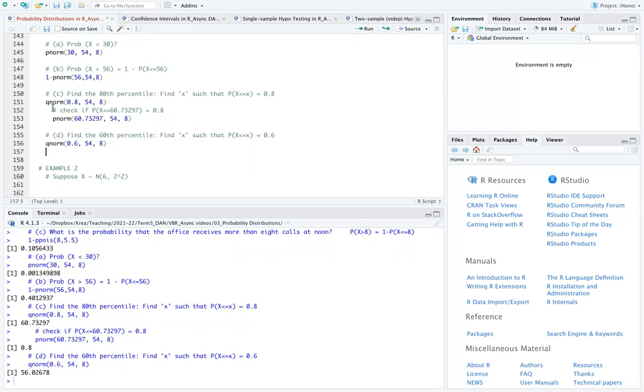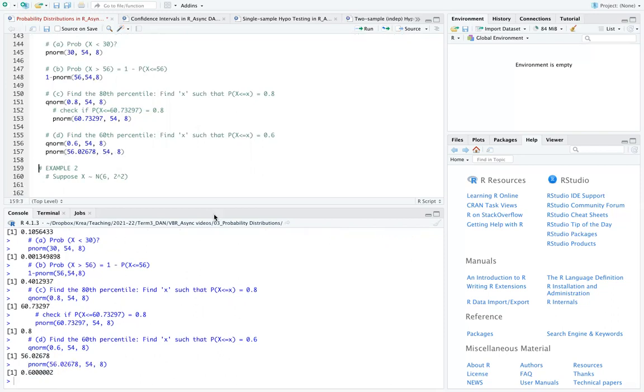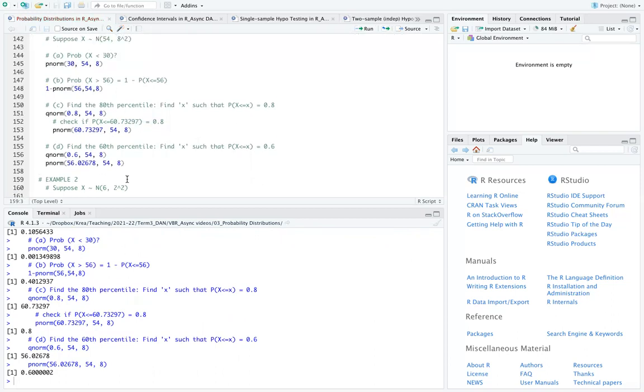And if I want to check that, I can always do P norm of 56.02678, comma 54, comma 8. I should get an answer of 0.6. And there it is. It's pretty close. So that's how we solve these problems.